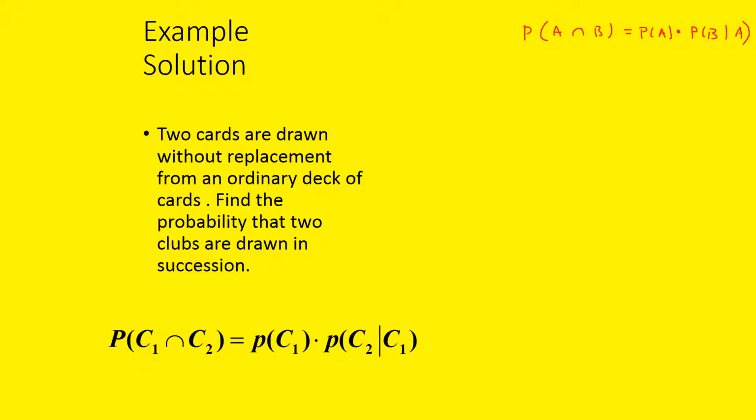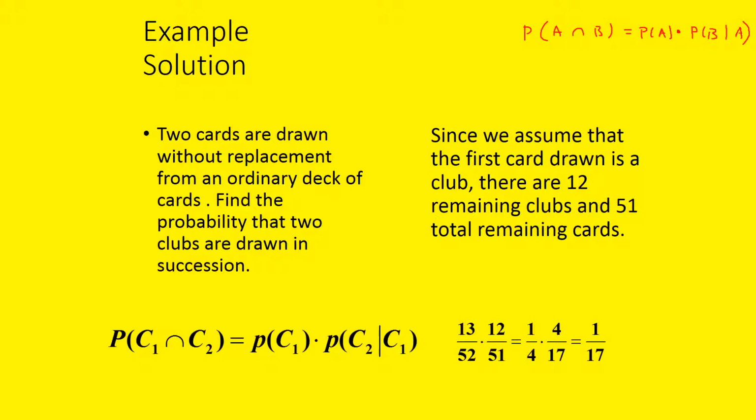The first probability ought to be straightforward. If you know a deck of cards, you know there are 13 clubs in a 52 card deck, so 1/4 of the cards are clubs, and the first factor is 13/52.